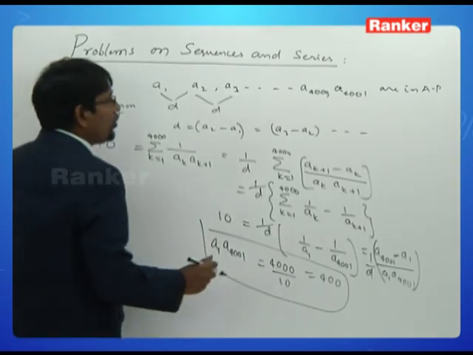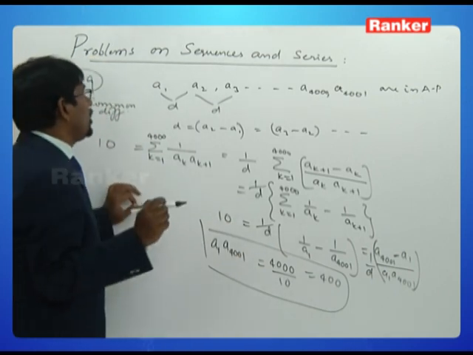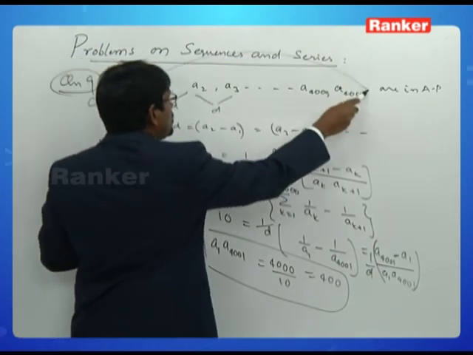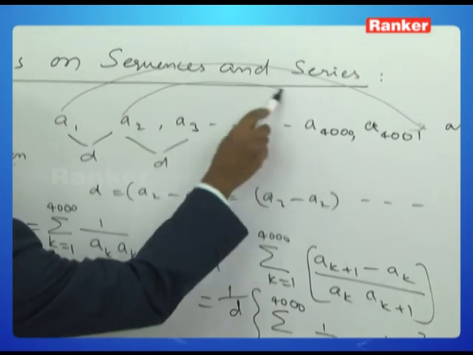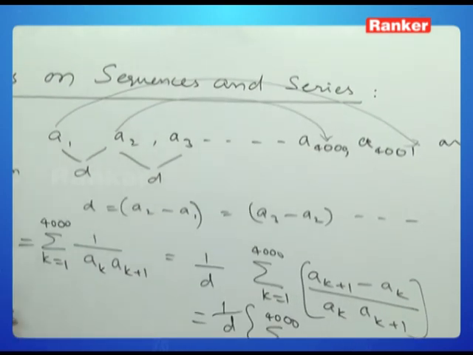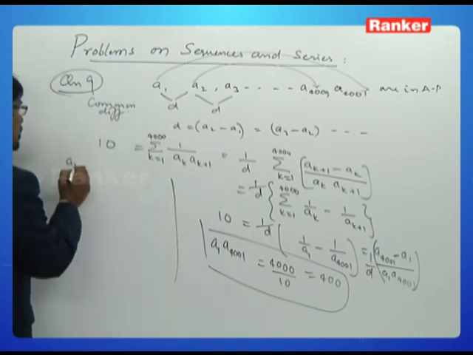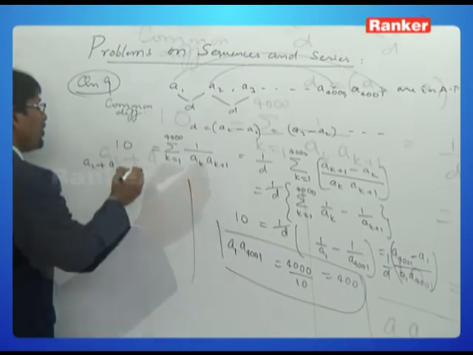Now, we also know one fact in AP, a sequence which is in AP. The sum of the first and last term is equal to the sum of the terms which are equidistant from the first and last. We are given in the problem a2 plus a4000 to be equal to 50. This has been given to be 50.